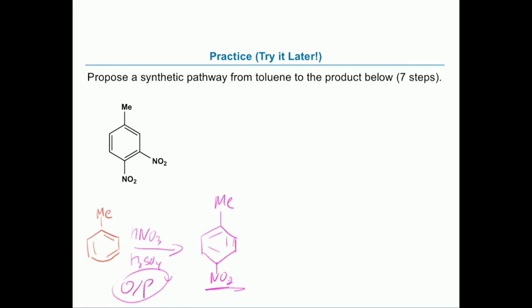Okay, now that we've installed that nitrogen, we can go through and use its properties as a potential directing agent. So I'm going to go through and actually reduce this. So hydrogen over palladium. That's going to switch me over to my NH2 and my methyl. Great.